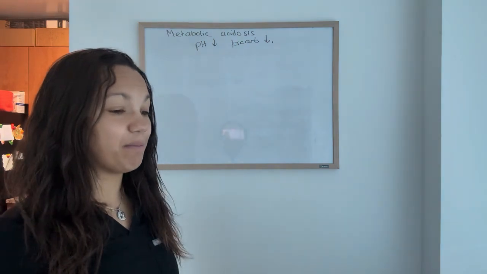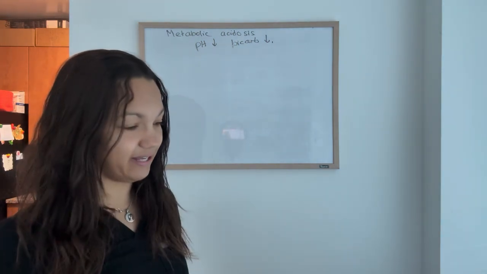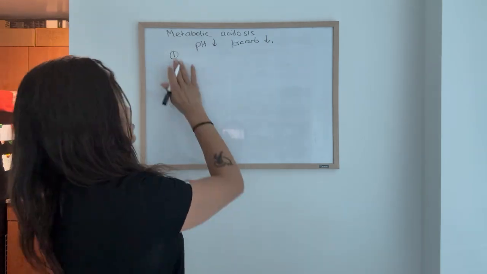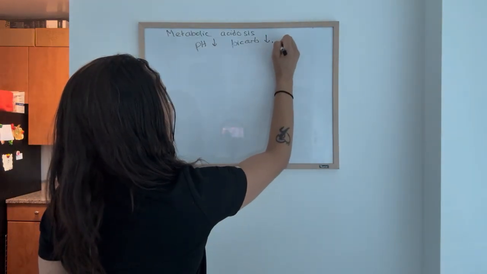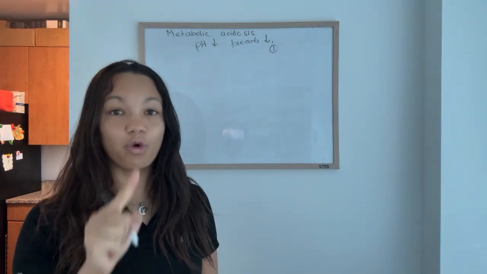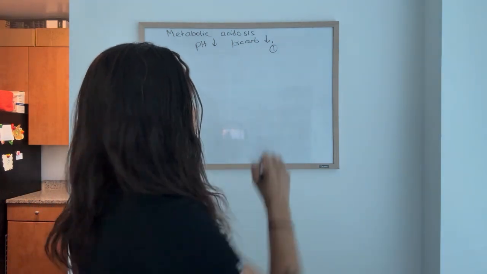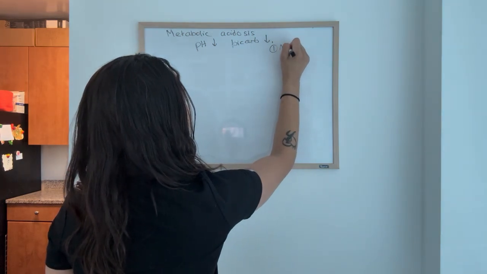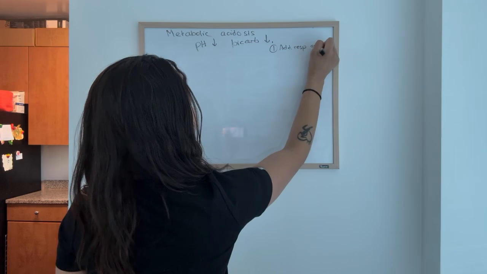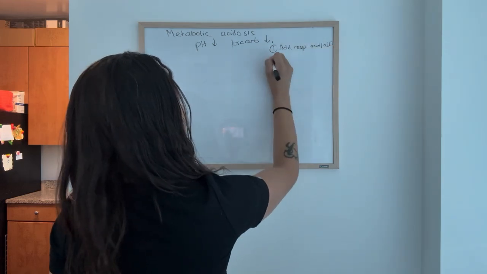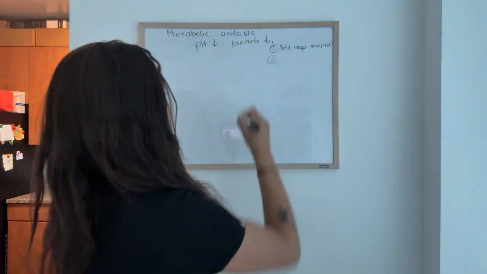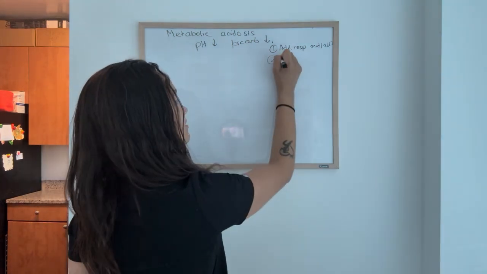And let's go over a little bit more how I methodically analyze metabolic acidosis. My first question is, is there an additional respiratory acidosis or alkalosis? My second question is, what is causing the acidosis, the metabolic acidosis?